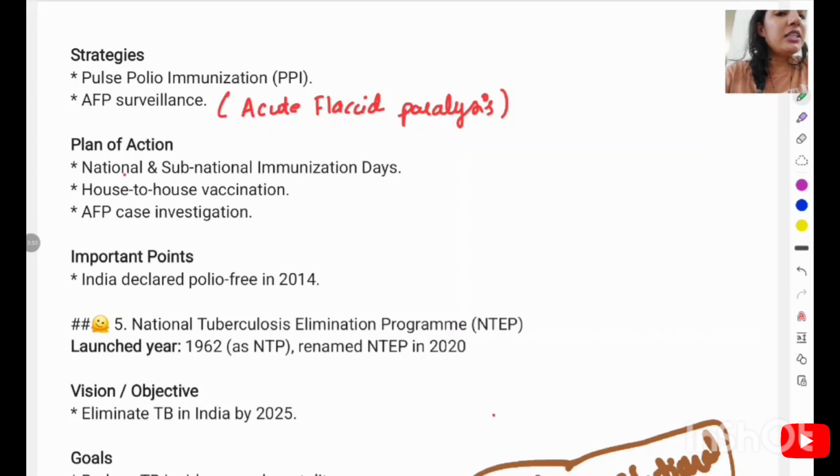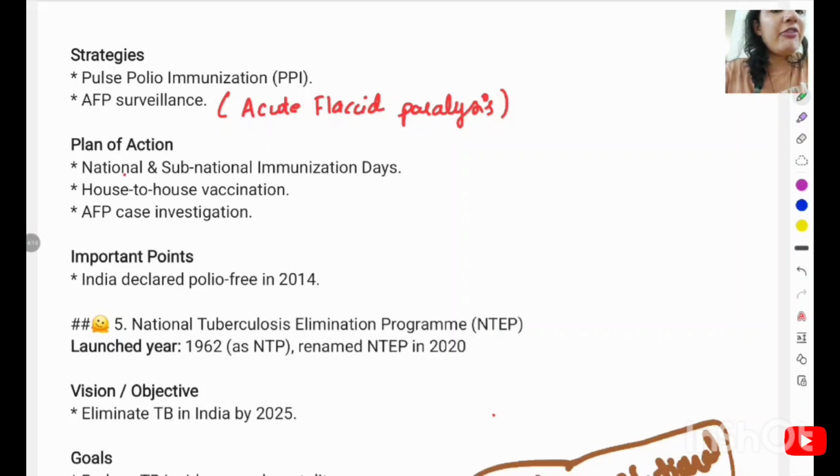Like that, pulse polio immunization is given, and those houses which do not have this X mark for the children, health professionals go again to their home, and they give them immunization at their home, and after that they mark them present. So this is one of the pulse polio immunization activities that comes under this program.